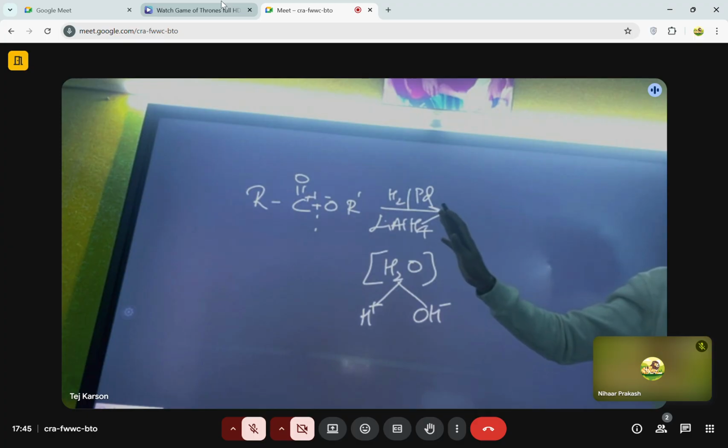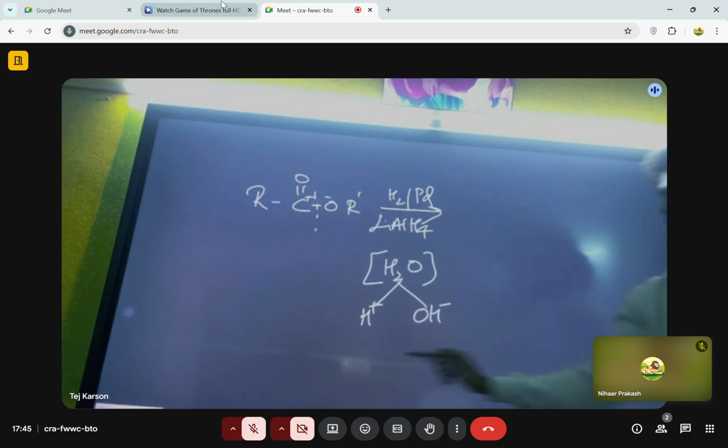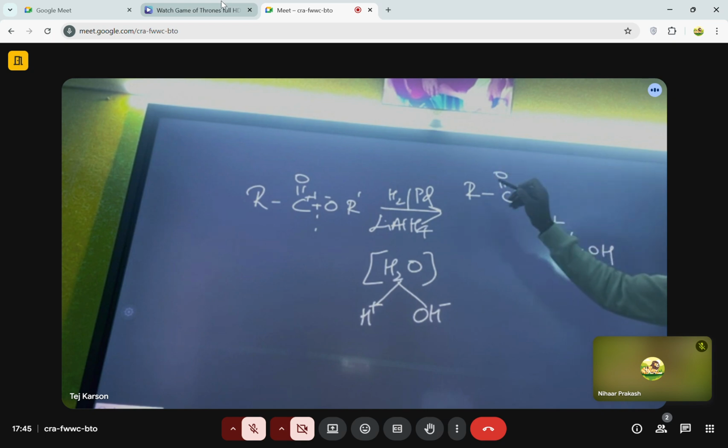This negative will attract the positive, which is H, and form what? R dash OH. Now what is remaining? R, C with a plus, with a double bond O, is remaining. This will automatically try to attract the negative, which is OH.